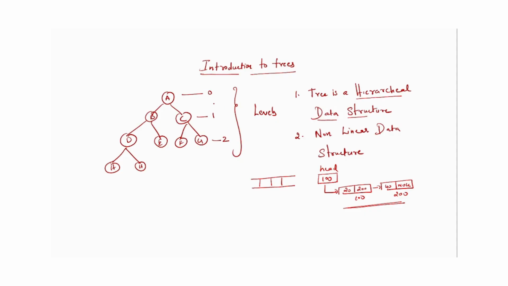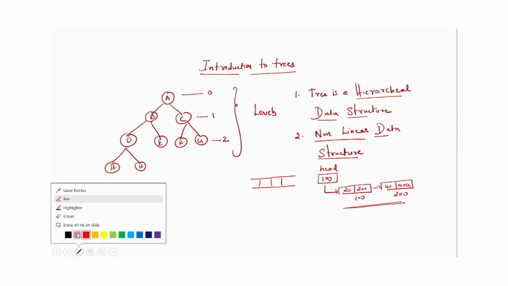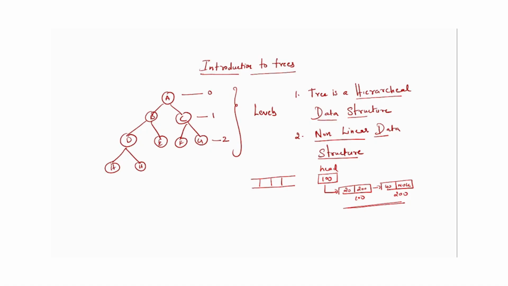Trees are hierarchical in nature, which means that they are a non-linear data structure. The most important point is that there are levels in trees. Here we have 4 levels: 0, 1, 2 and 3, right?